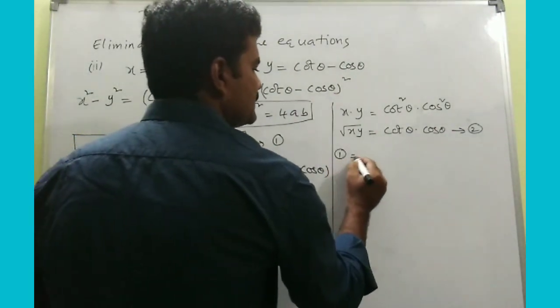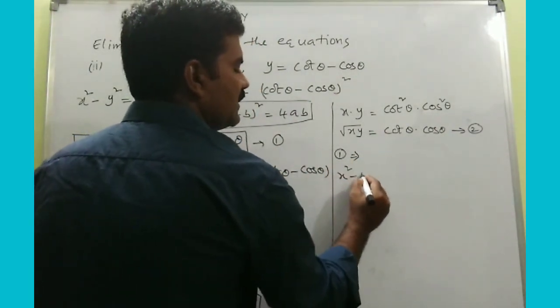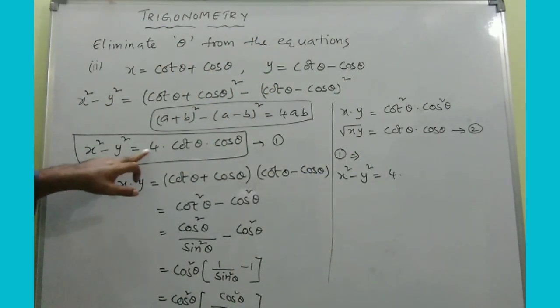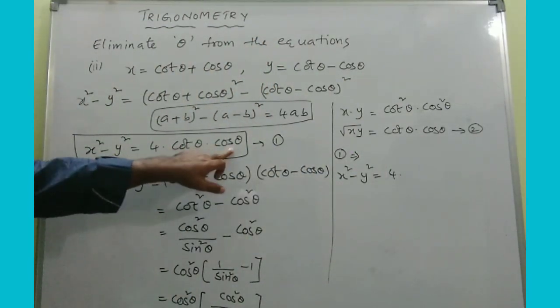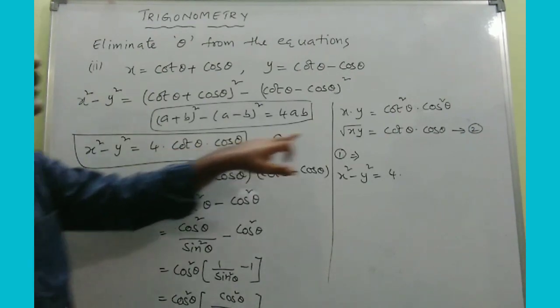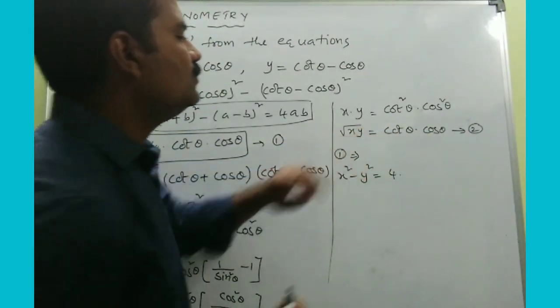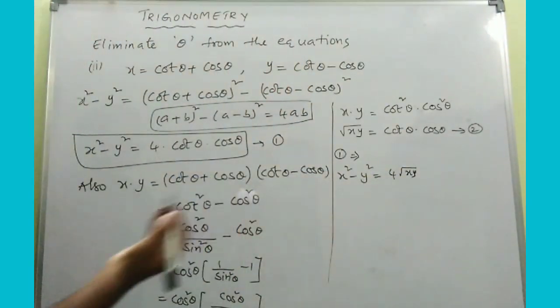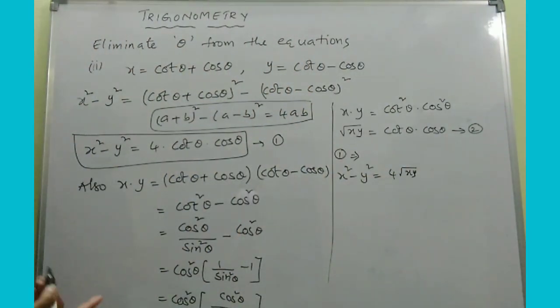Now 1 implies x square minus y square is equal to 4 into cot theta into cos theta. Now cot into cos, what did we get? Root xy. So actually you can leave it here. We got a relation, an equation where theta is not included. I mean theta is eliminated.